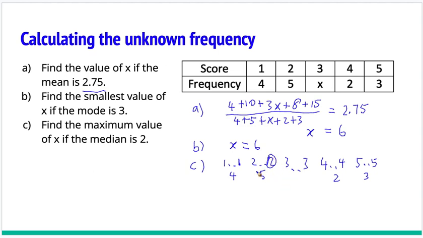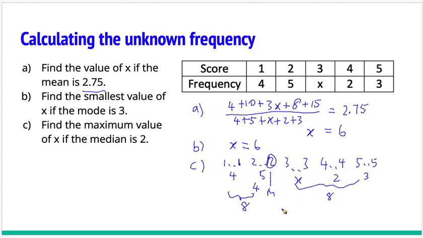Then we pick the last 2. There are 5 2s altogether. So if we pick 5 2s, that means we have 4 numbers left, as this one is the median. Then there will be 8 scores here. So there should be 8 scores on this side. Therefore, x plus 2 plus 3 must be equal to 8. Since we have 8 scores here, all this must add up to 8 scores, because the median is in the middle.